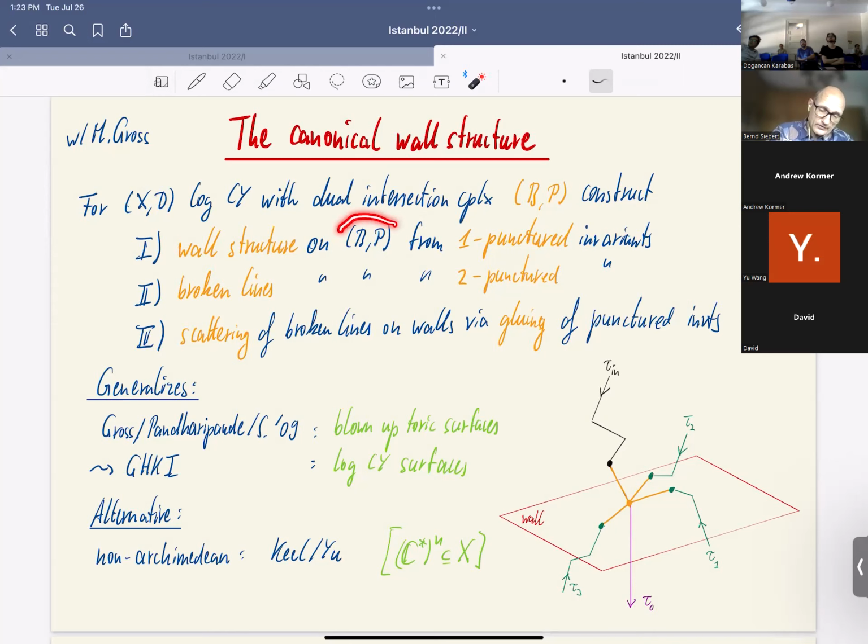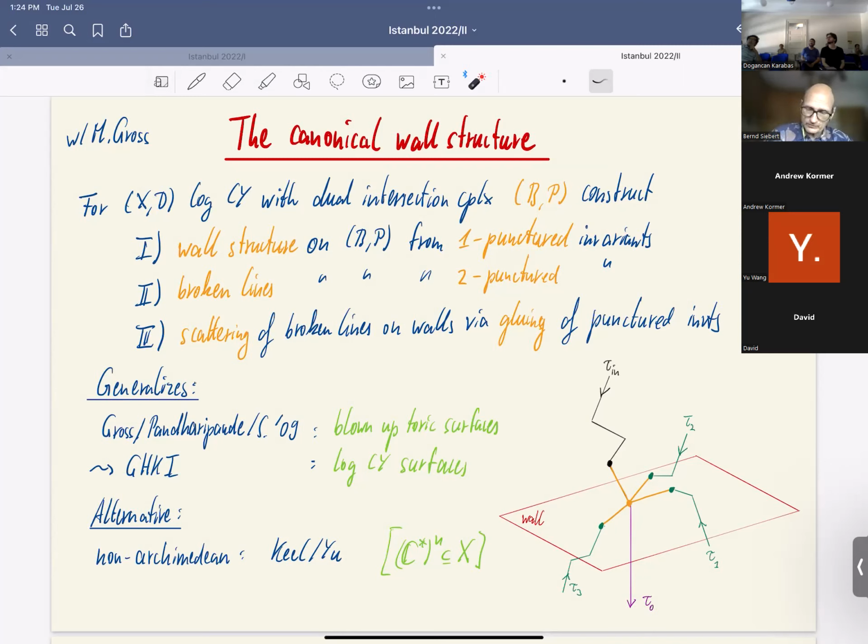How to obtain from a log Calabi-Yau situation (X, D) a dual intersection complex, and then if you have a wall structure, some kind of mirror. Okay, so this talk will not be about how to obtain the mirror. I'll assume that you somehow know, although I noticed that Julia didn't talk about that part. Well, one can only talk about that much in each talk. But anyway, you'll have to take this for granted if you don't already know it.